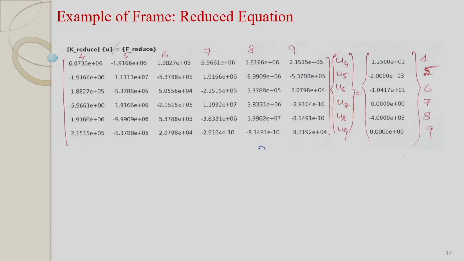So, there will be no change in load vector. So, this is our reduced equation, where active degrees of freedom are U4 to U9.